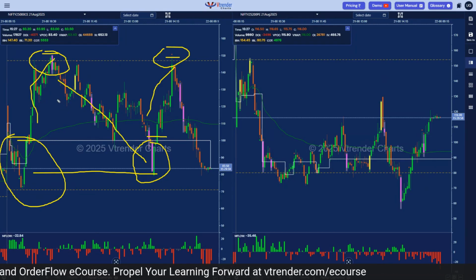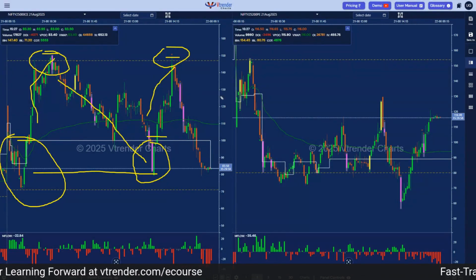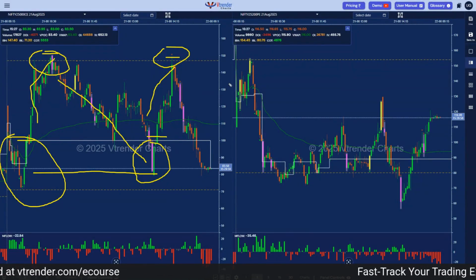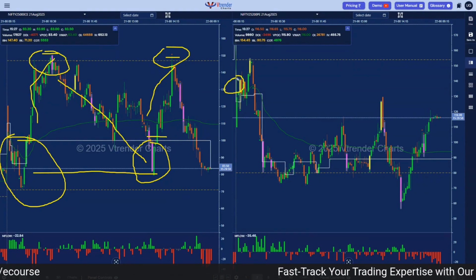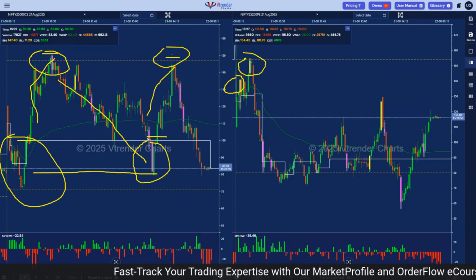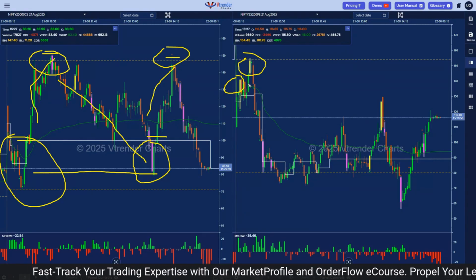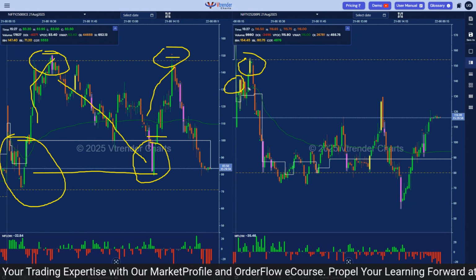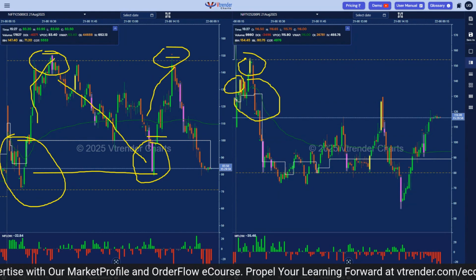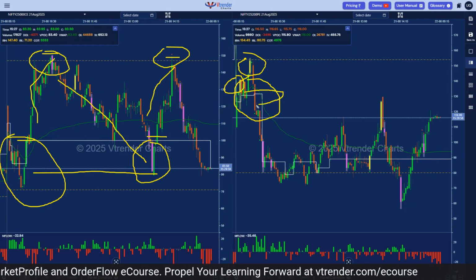So you can see how the call is telling you where you have to take a trade, where you have to come out. And what does the put do? Put showed us IBs. It showed us one IB here and another IB here. But what did it do? Just like how this IS plus IS failed in the call, this IB failed in the put. And once we broke below VWAP, you can see the POC was also right here.